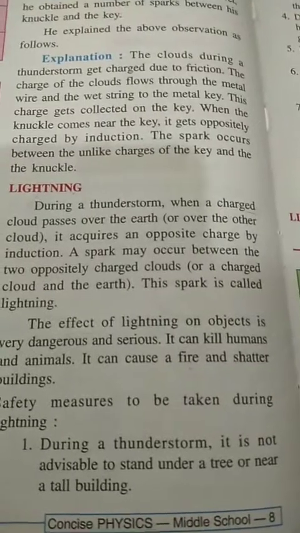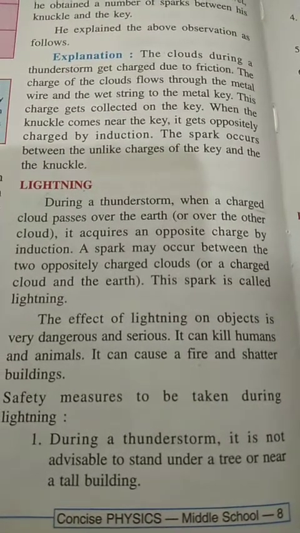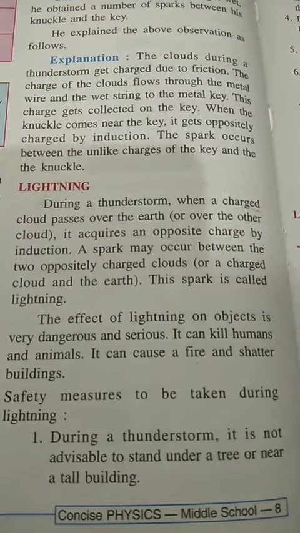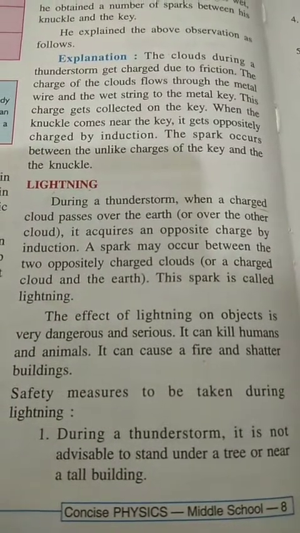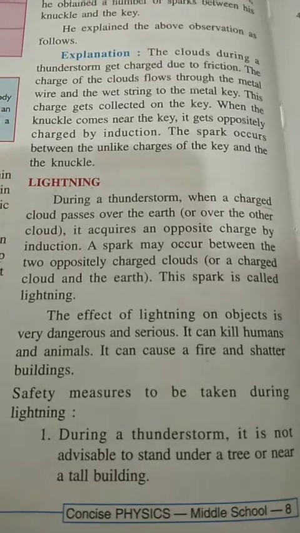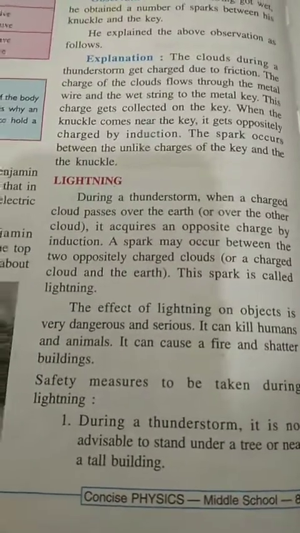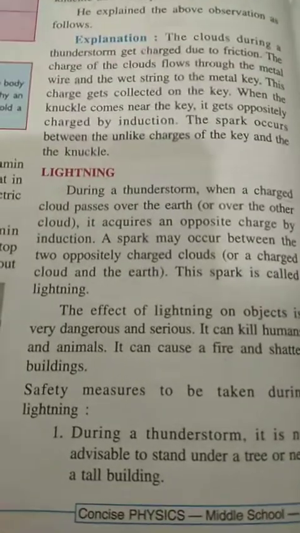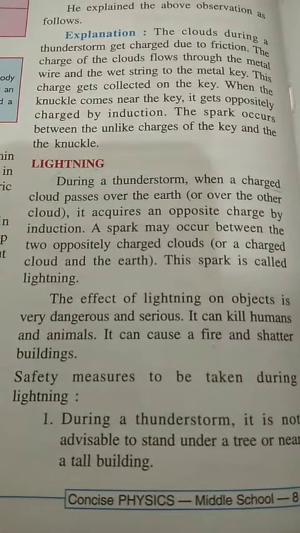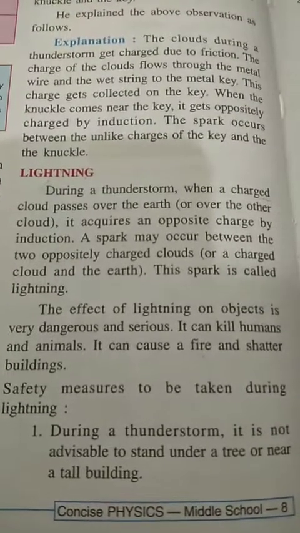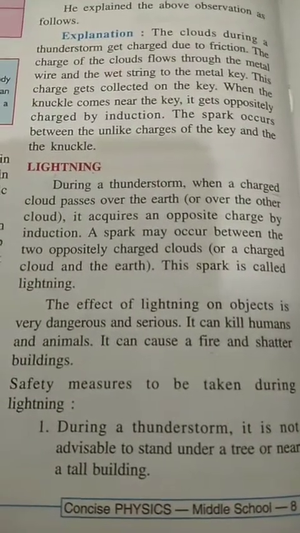When charged clouds pass over the earth, the earth acquires opposite charge by induction. A spark may occur between two oppositely charged clouds, and that is why we can see lightning in the sky because of the charged clouds. Because of induction, they have opposite charges, and that is why we see lightning in the sky.